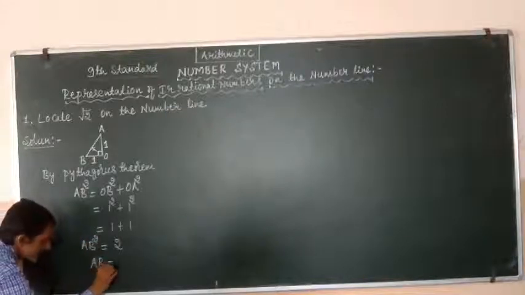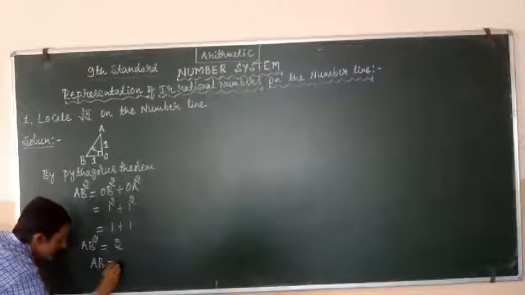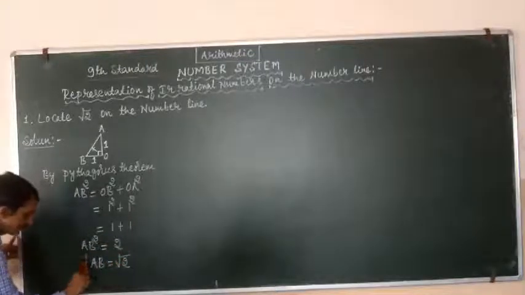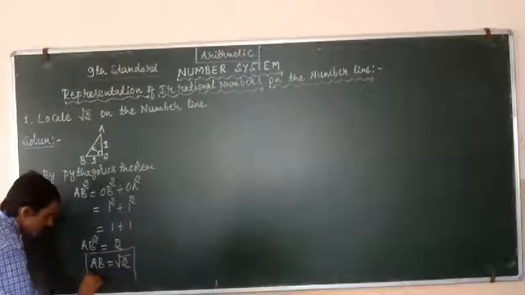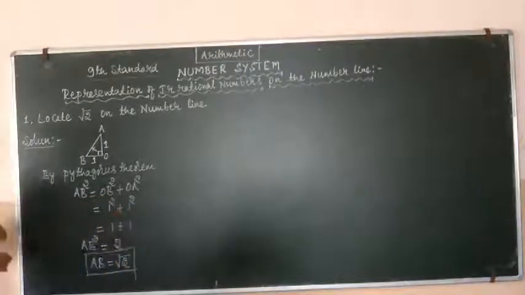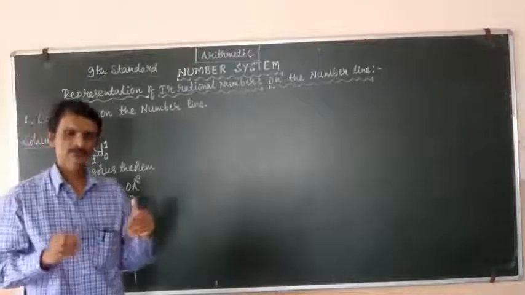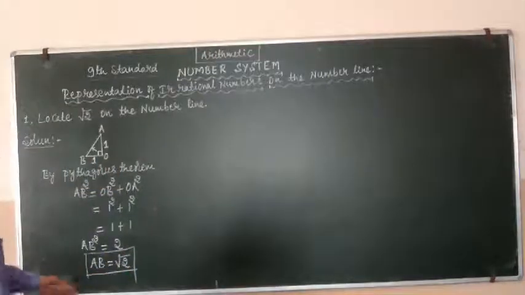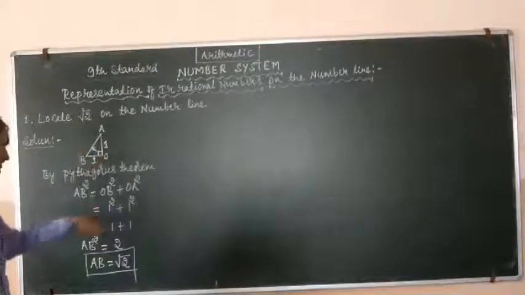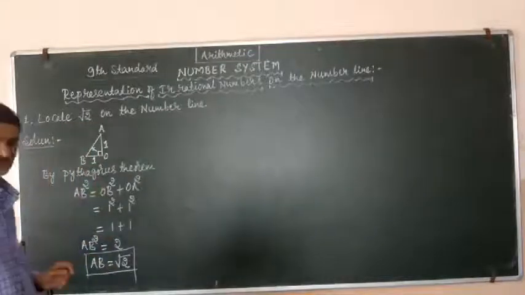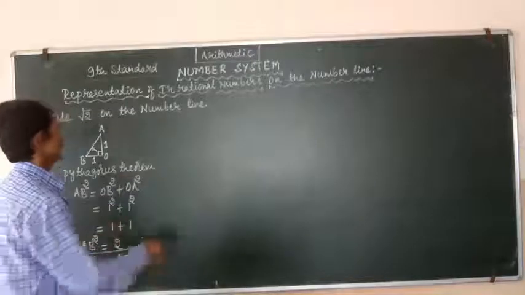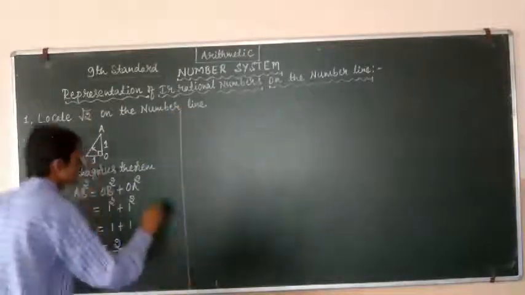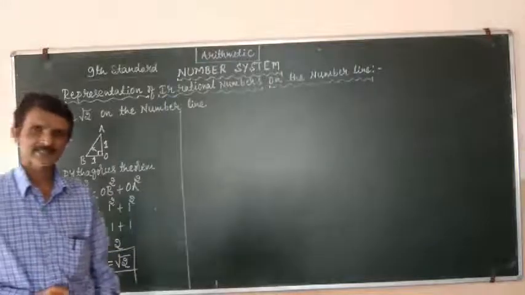If you remove the square, it will be root on the right side. AB equals root 2. Now students, we have got the irrational number root 2. Now we will represent this root 2 on the number line.